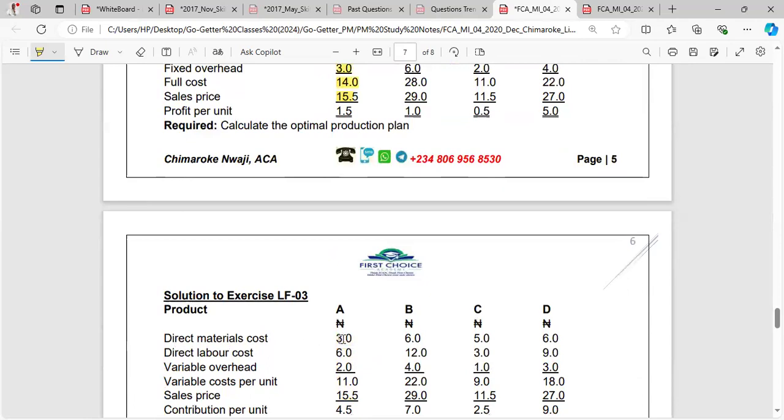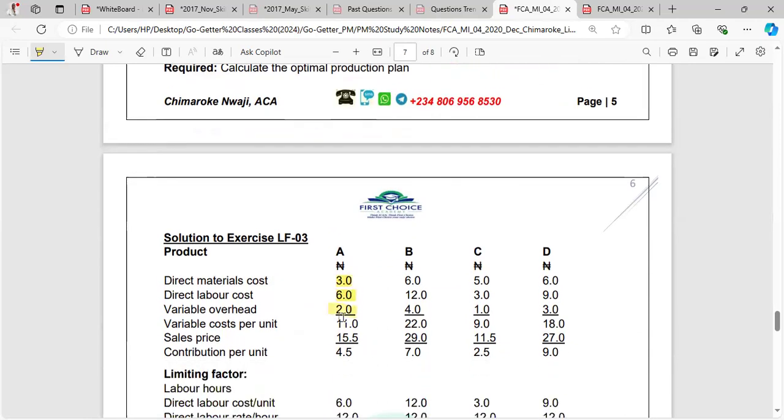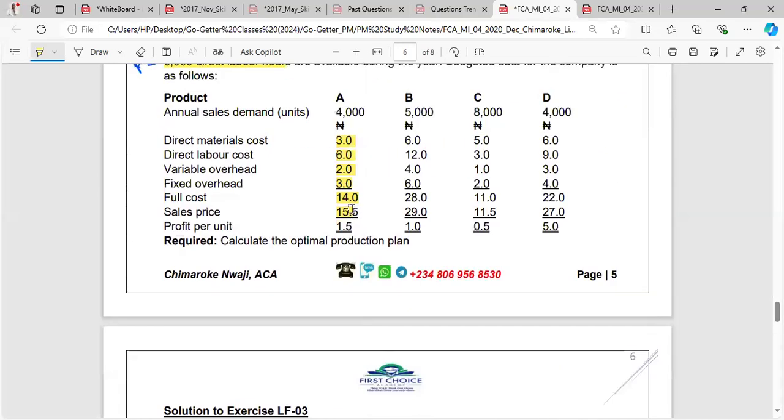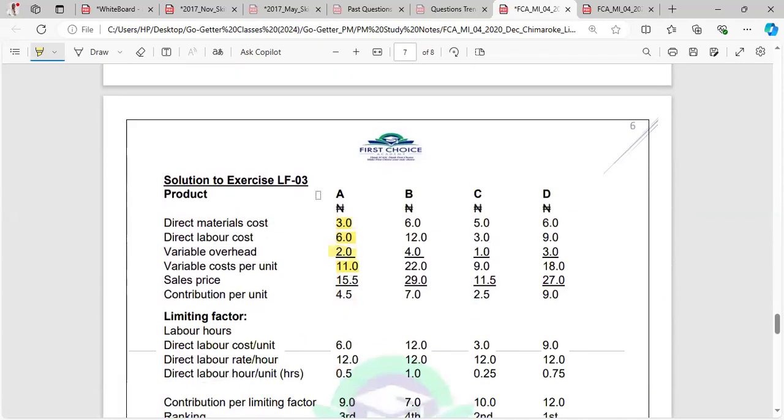We have direct material costs, direct labor costs, and variable overhead costs. When you add them together, you have 11 naira. Another way of doing it is you bring your full cost and minus your fixed cost from it. That gives you 11 naira, which is your variable cost, because variable cost plus fixed cost gives you full cost. You can also outline them one by one, and that is the same thing I did for all.